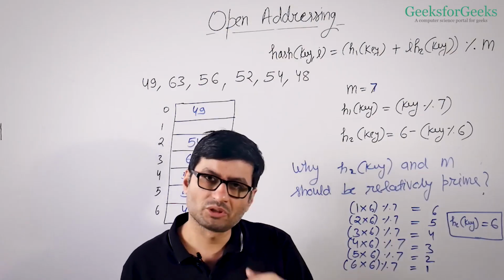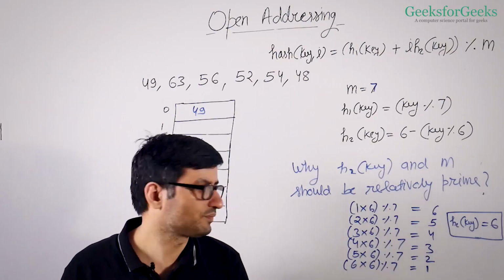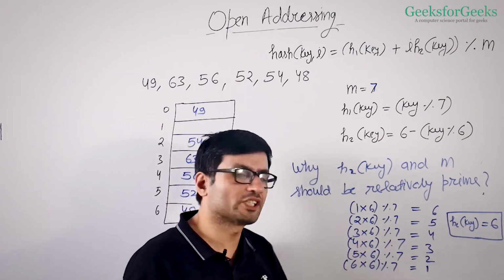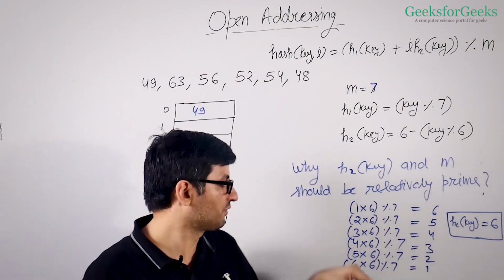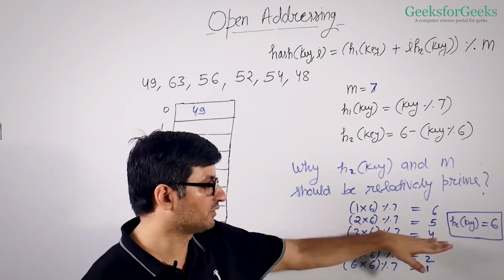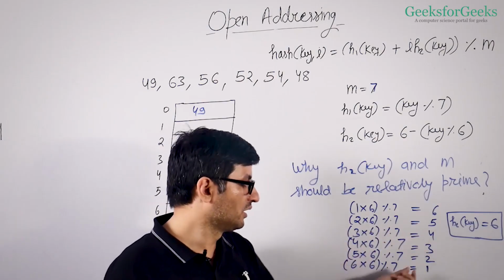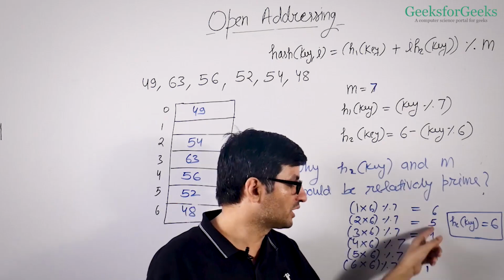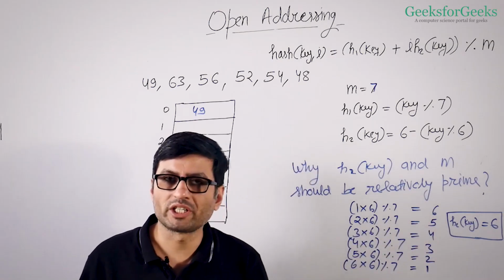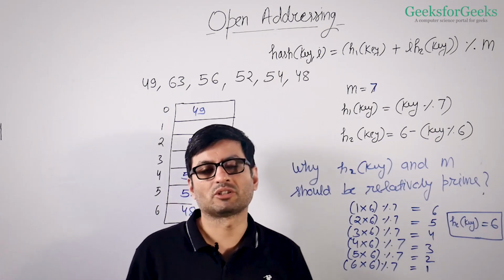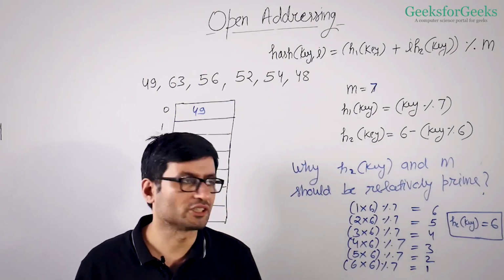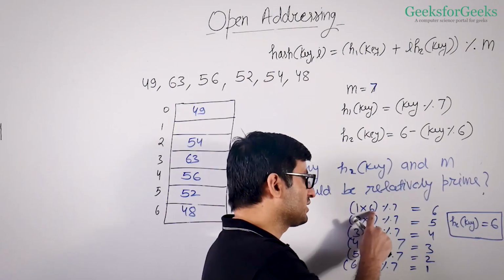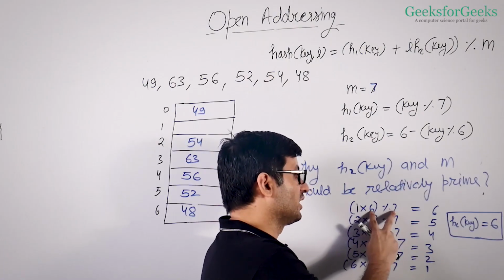So it will tell you to shift to location 4. 4 into 6 modulo 7 is 3. It will tell you to shift to location 3 if the earlier position is also occupied. Next time 2, next time 1. So you can see here it is actually telling you all the possible slots. So if there is an empty slot, it will tell you that slot. The reason for this is this value 6 and this value 7, they are relatively prime.